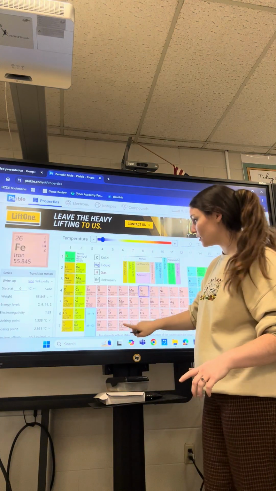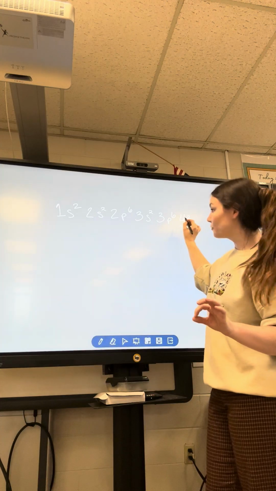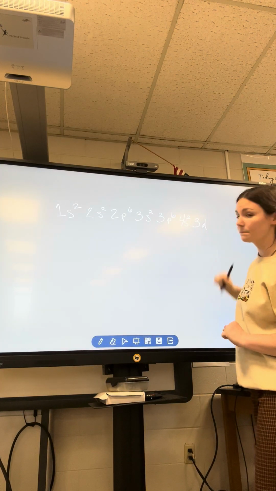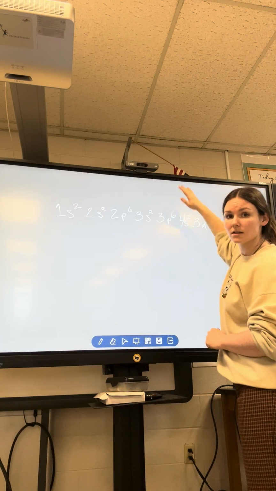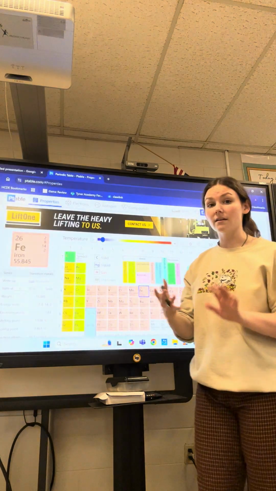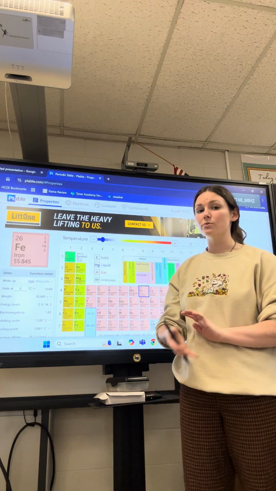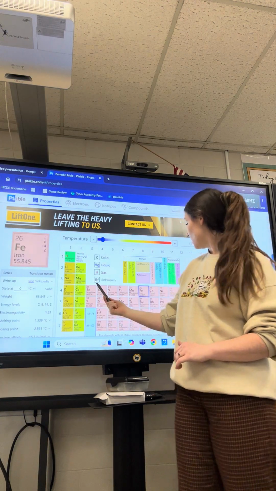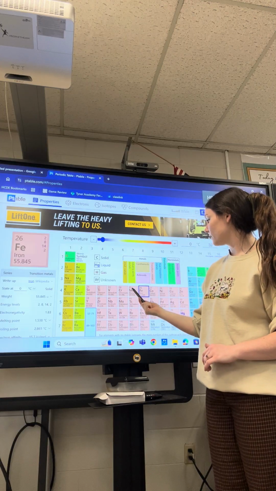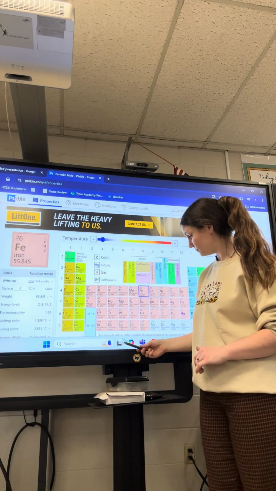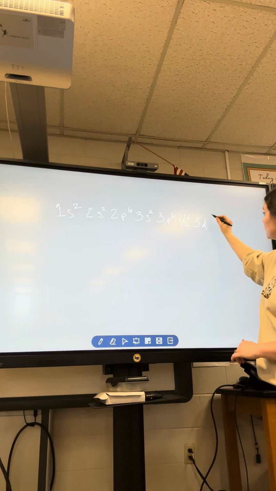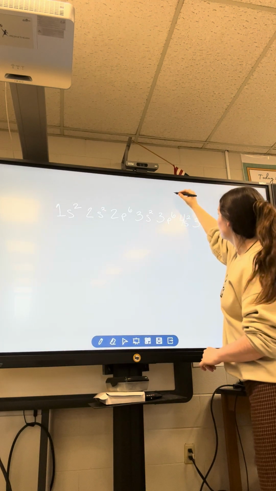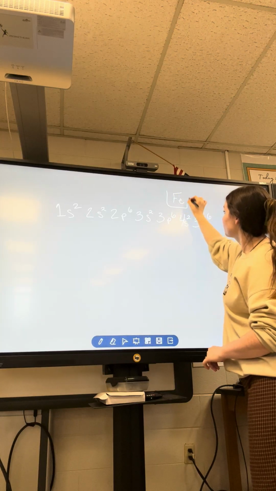So instead of going to 4d, we're going to do 3d. Hopefully you can see that okay. And then the D block can hold up to 10 electrons, or 5 pairs. So let's go ahead and count. 1, 2, 3, 4, 5, 6. So then I'm going to do 3d6. And that would be my electron configuration for iron.